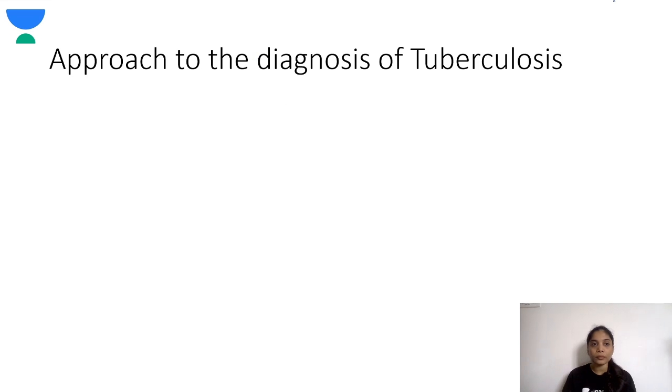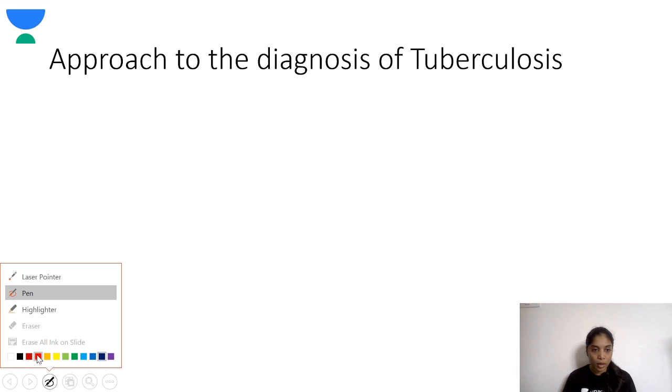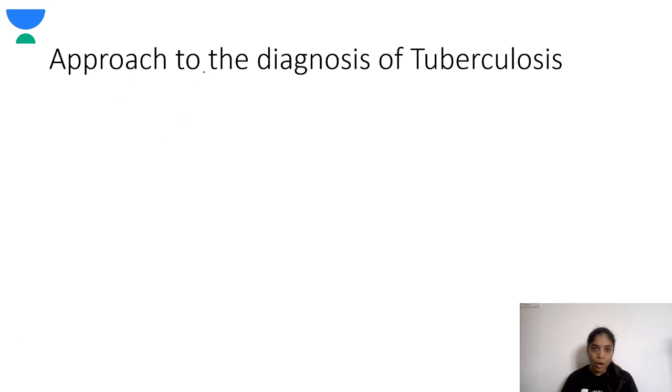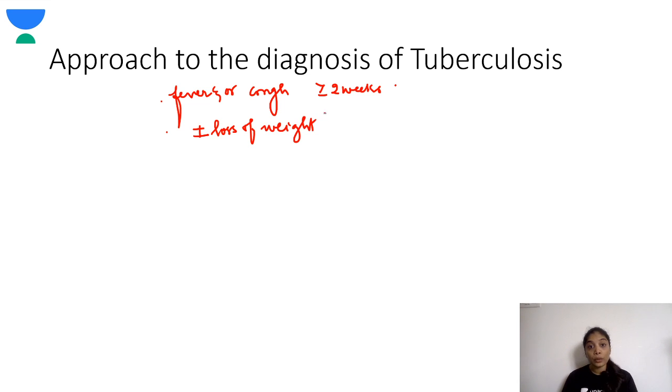Now what is the approach for the diagnosis of tuberculosis? First of all, you need to know when you suspect a child with tuberculosis. When there is fever and/or cough for more than or equal to 2 weeks, plus or minus loss of weight, or no weight gain, you can consider even that, especially in children.